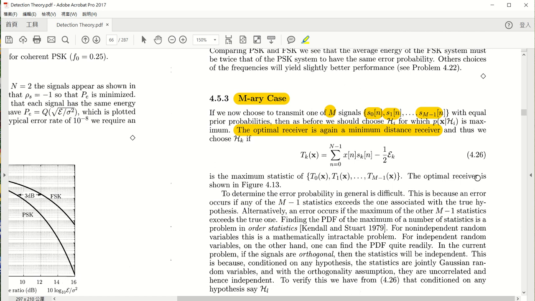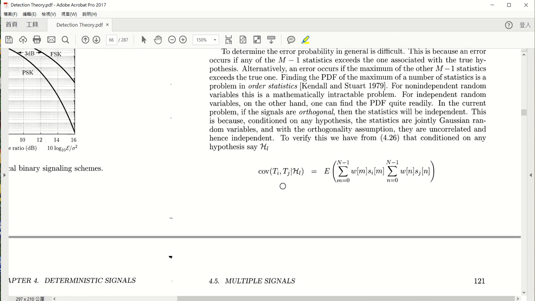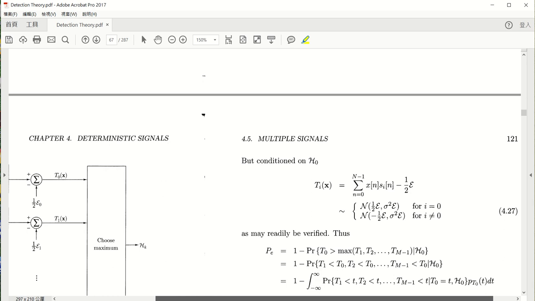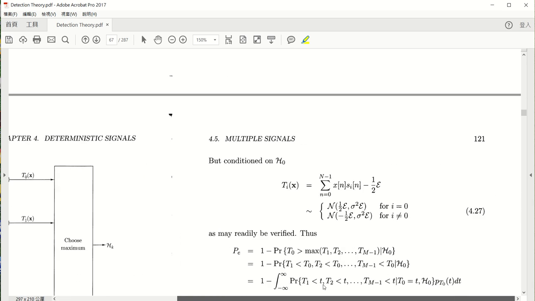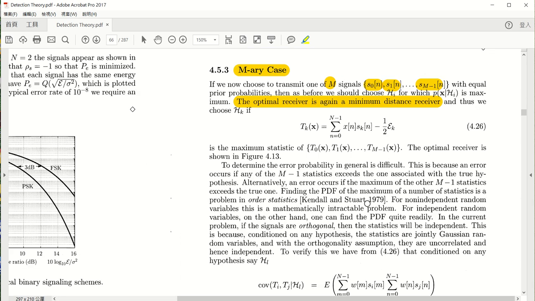Then the optimal receiver is in figure 4.13. So we will take a look. Let me review one more time. We are trying to use a block diagram to implement this. Now the next step is going to implement this.